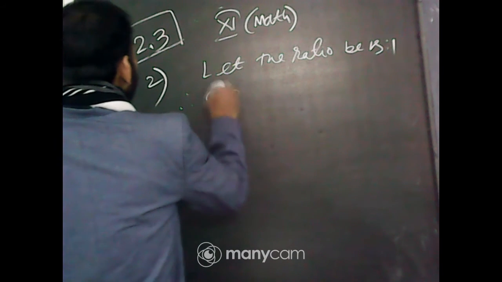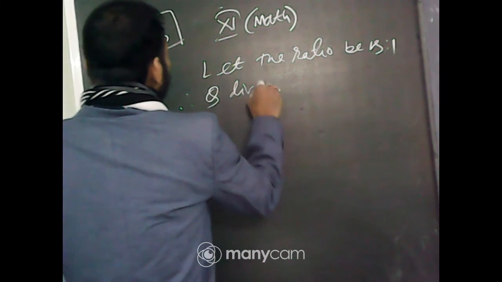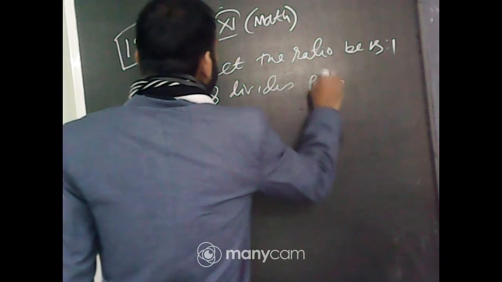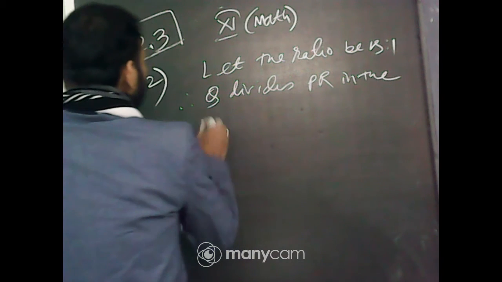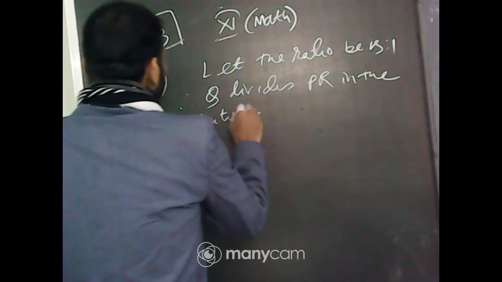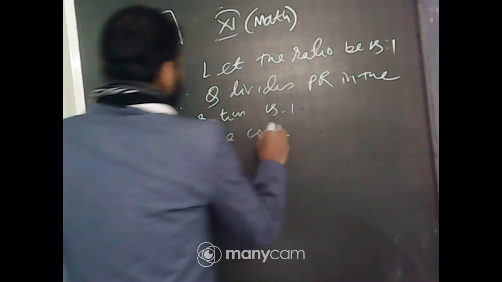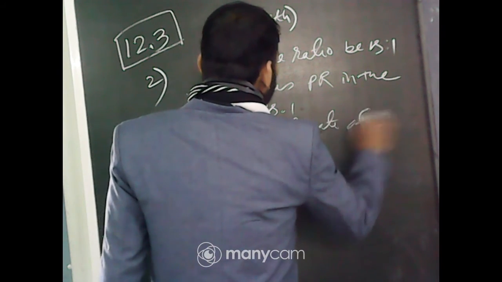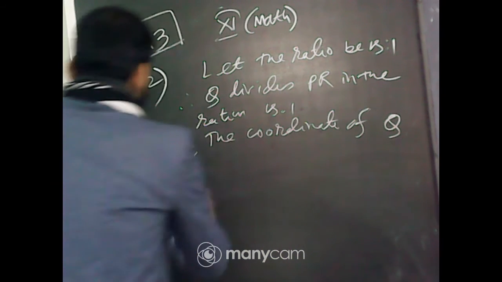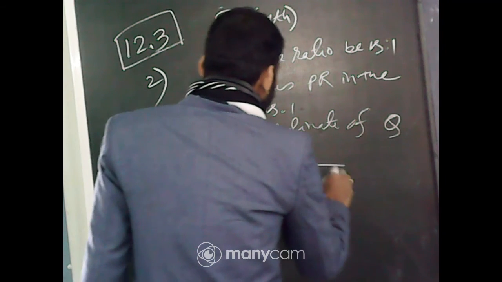Therefore, Q divides PR in the ratio K:1. Therefore, the coordinate of Q: all the denominators are K+1, K+1, K+1.